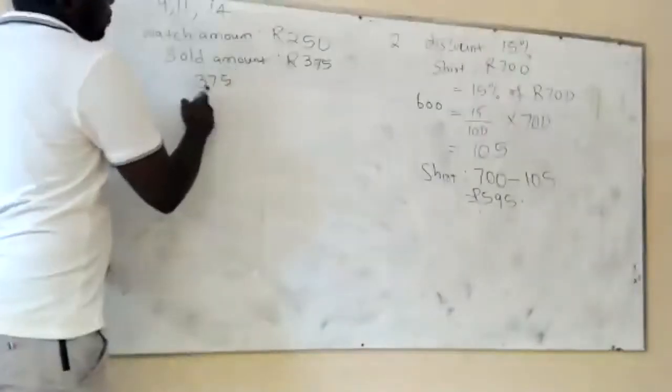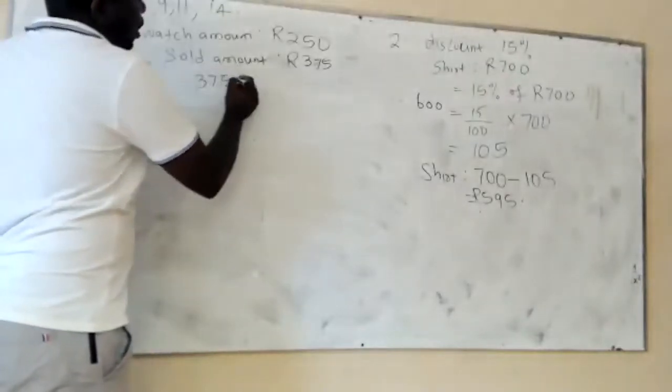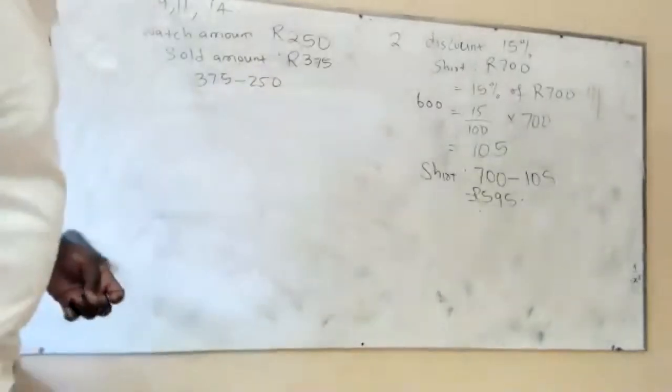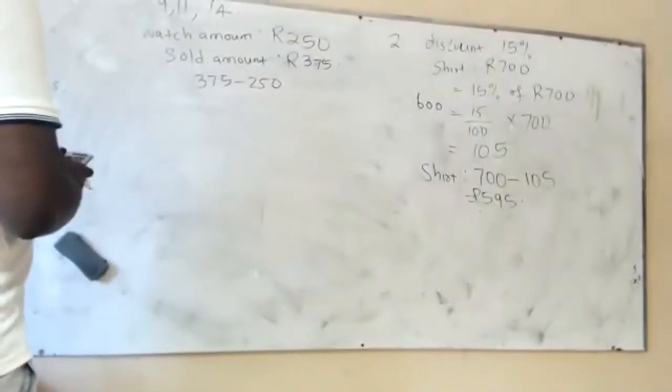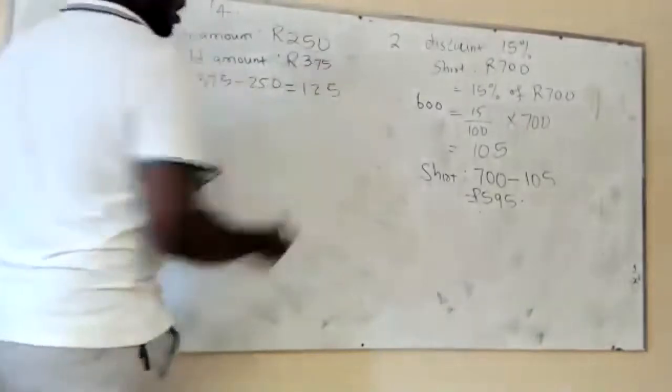Subtracting 375 and 250. Very true. So we're going to subtract the amount which this person bought the watch with from the amount he sold the watch for, which is going to give us, let me use the calculator, the value of 125.